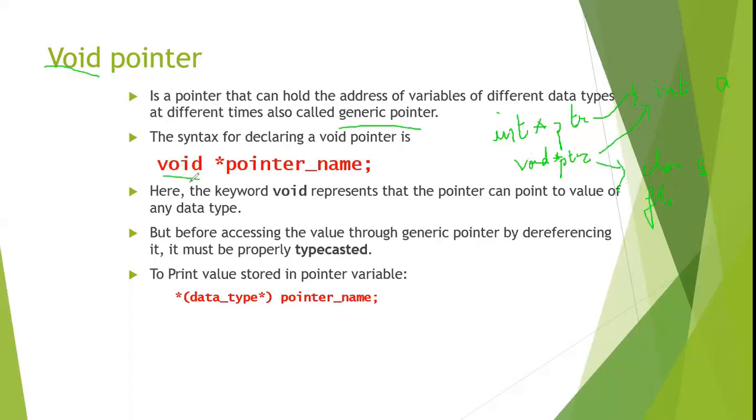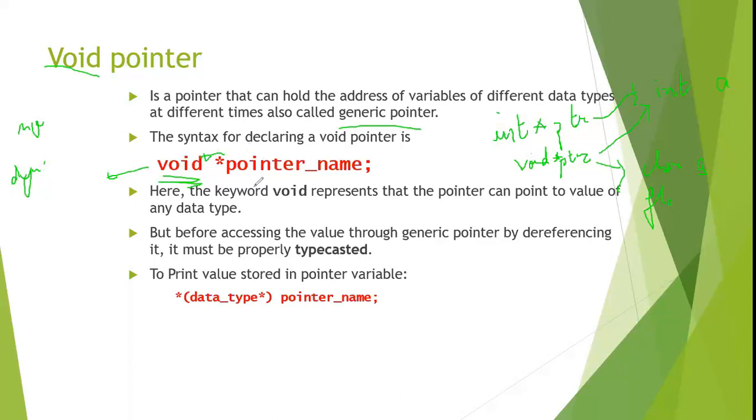Now void means the data type of the pointer is not defined. It is decided at runtime. What is runtime? Dynamically, the pointer will be pointing to the variable, and the data type of that variable will be assigned to the pointer itself. So void means dynamic data type, or I can say no data type.